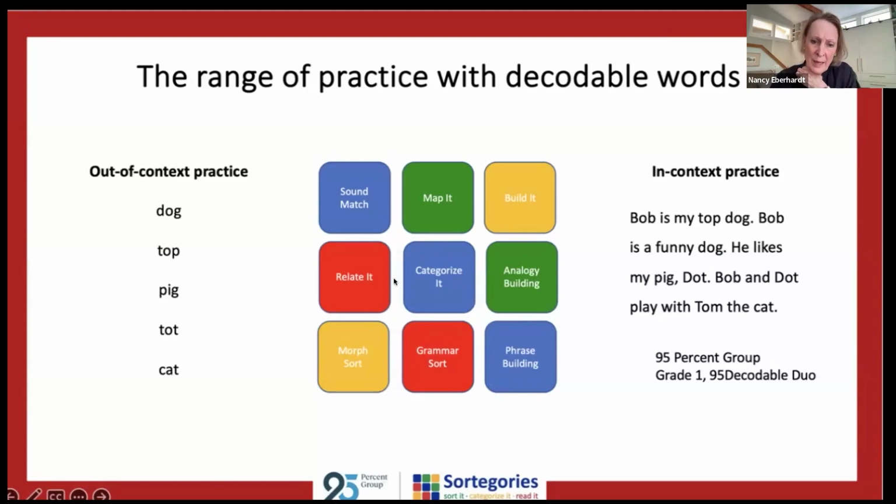And we have outlined, as part of our work on designing and developing sortagories, which is a technology tool, this sequence of activities to try to fill in some of those practice gaps along the way, or practice steps more than gaps along the way.